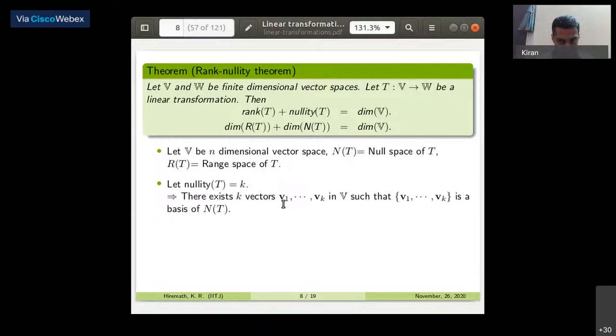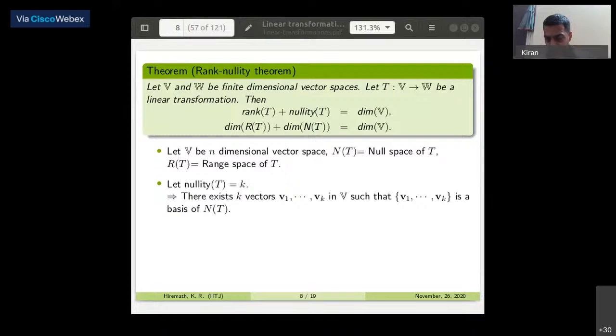What does that mean? It's a sheer play of logic. Can I extend this basis?